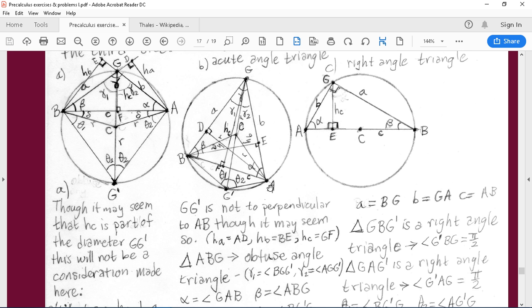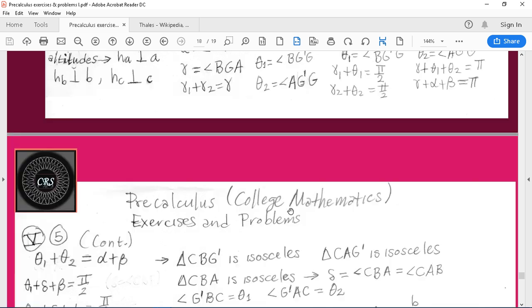Sine of alpha equals hb over c is this side over this side, and is also equal to hc, this side, over b, which is this side. hb over c and hc over b.